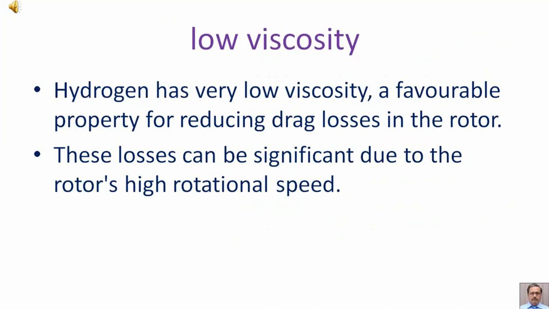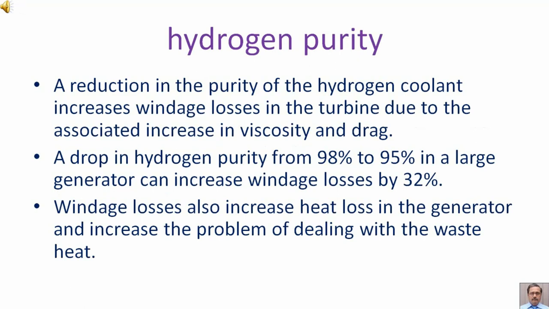Hydrogen has very low viscosity, a favorable property for reducing drag losses in the rotor. These losses can be significant due to the rotor's high rotational speed. A reduction in the purity of the hydrogen coolant increases windage losses in the turbine due to the associated increase in viscosity and drag.